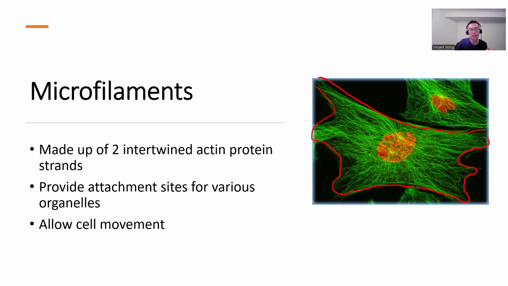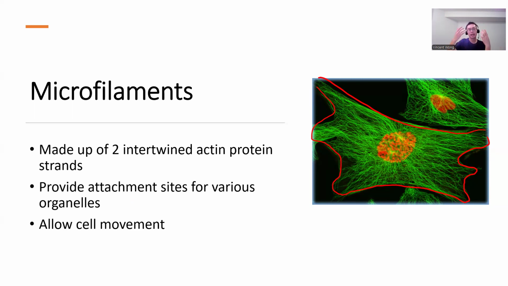The function of that is to allow various organelles to attach onto the actin filaments. The mitochondria is not floating around randomly. The Golgi body, the rough ER, all these things are actually quite organized in a cell.